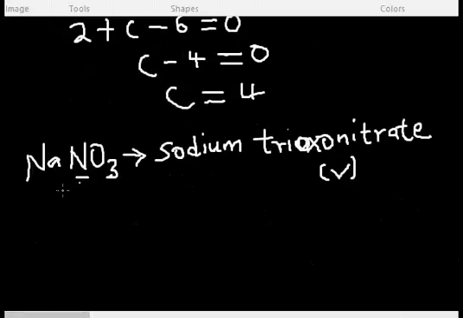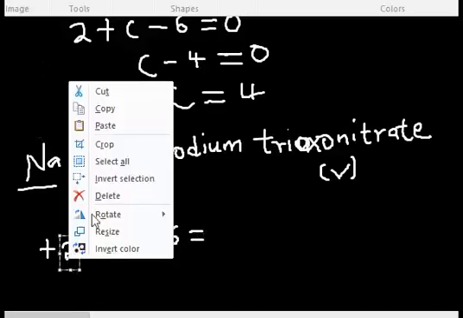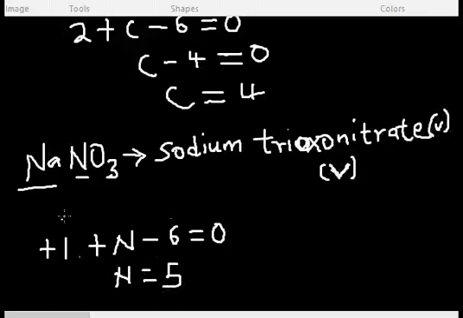Let's confirm. Sodium here is +2, right? Of course, we've done the O3 also. That's -6. Sorry, sodium here is +1. Please pardon me. Sodium is +1. So that's 1 minus 6, that's -5. So N is equal to 5. So that is why it is nitrate 5. So that is how that is.